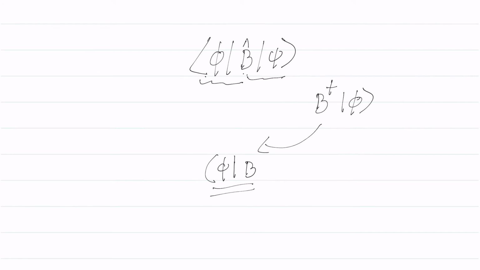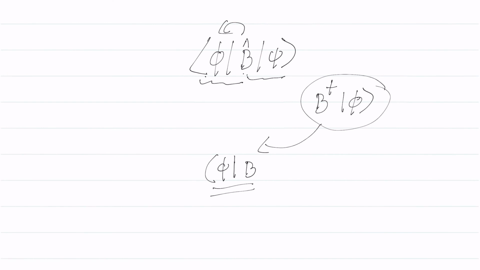To know that, what you should know is B dagger acting on ket phi. Then in the dual space, that is basically B acting on bra phi. So with the knowledge of B dagger acting on ket phi, I can actually do the action of B on bra phi.